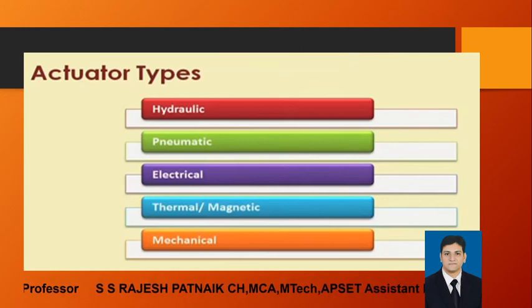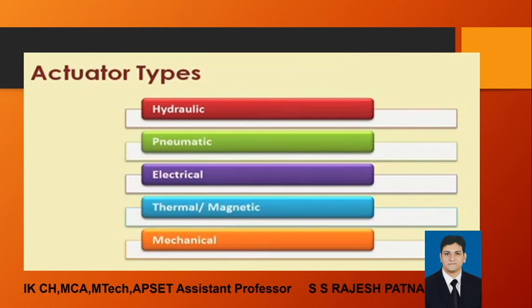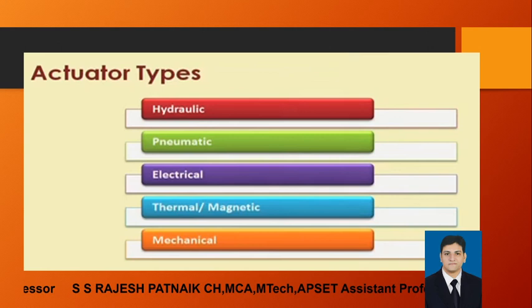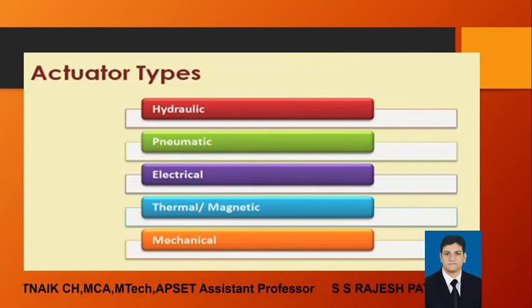Okay, and pneumatic actuators. Generally, this type of actuator is also used in organizations, industries, and other areas, and other satellite platforms and scientific platforms also. Pneumatic actuators are used.